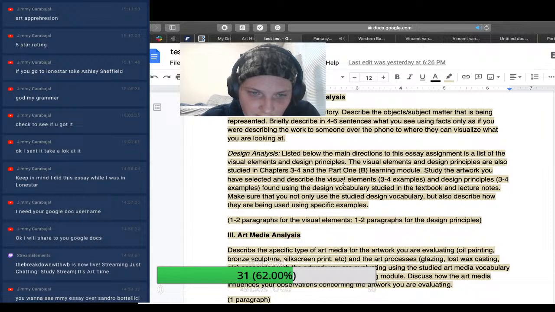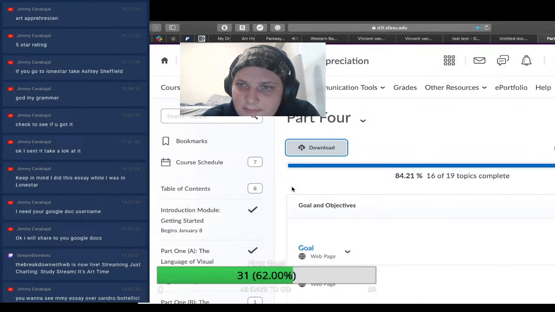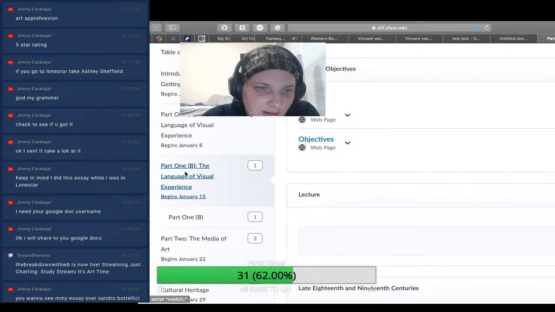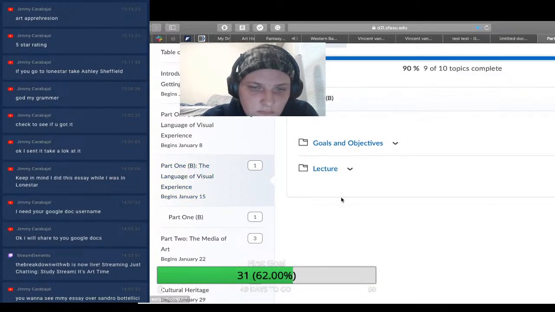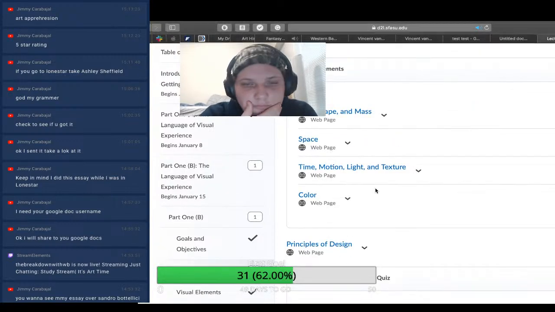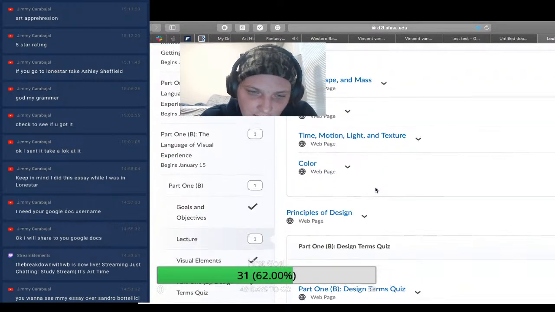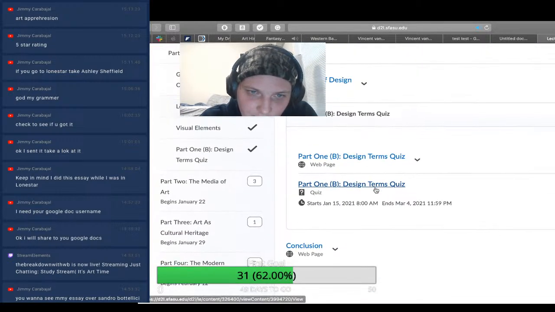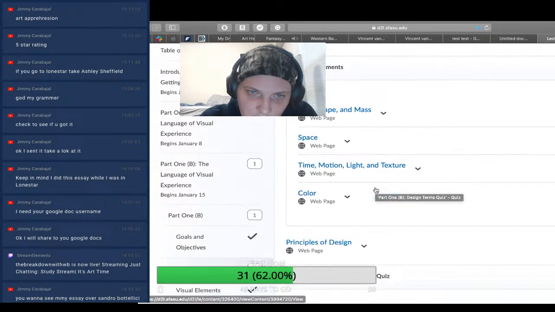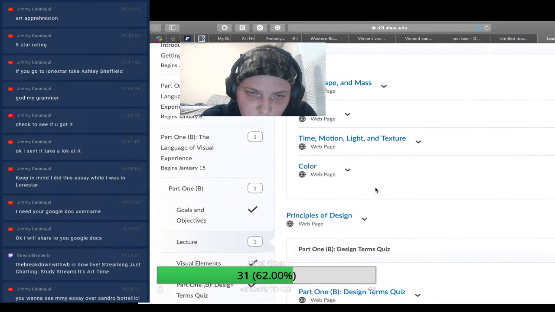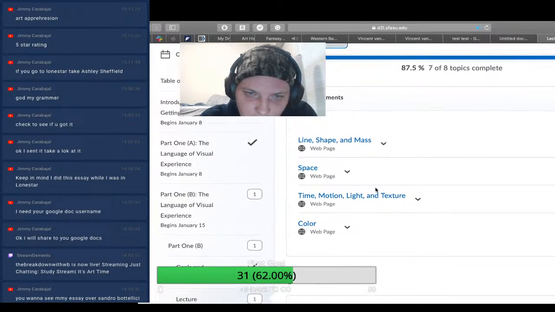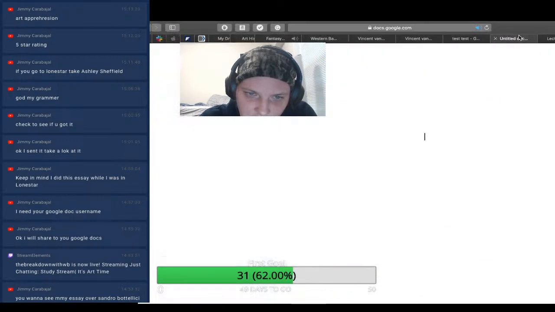So we need to go back to part B so that we can pull up the design principles and make sure we haven't missed anything yet. So we got color, we got line, shape, and we need principles. It looks like those are principles: color, texture, motion, space, mass, all those keywords there.